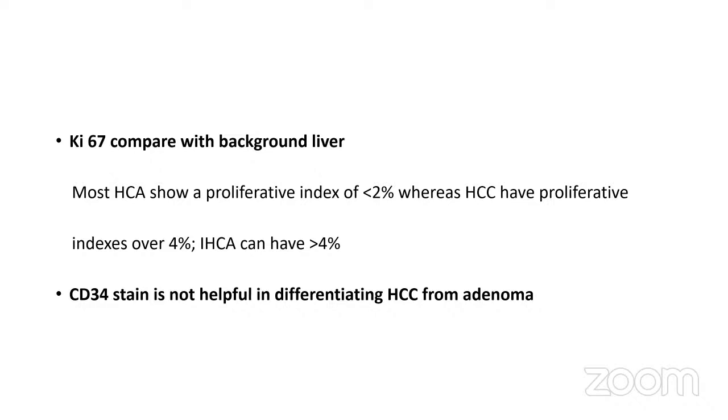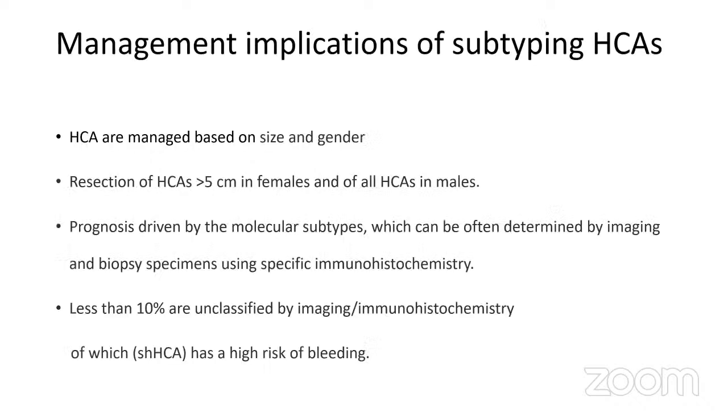And CD34 stain is not helpful in differentiating HCC from adenomas. Both can have diffuse sinusoidal staining. The only thing is that CD34 will tell you that you are in a lesion. So if you're having trouble telling whether you are in lesional tissue or not, a CD34 stain can help you in that scenario.